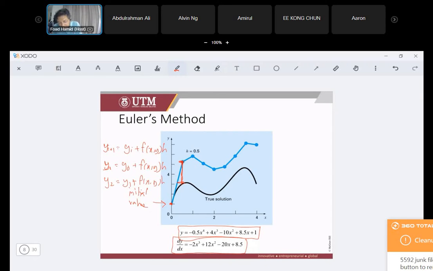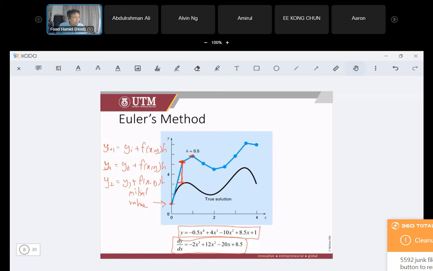Our y1 already has an error, and we use this value to find y2. So you are basing your approximation on a value that already has an error. So you can see that compared to the true solution and the approximated solution, there's a huge gap between them. So this is the bad thing about Euler's method.